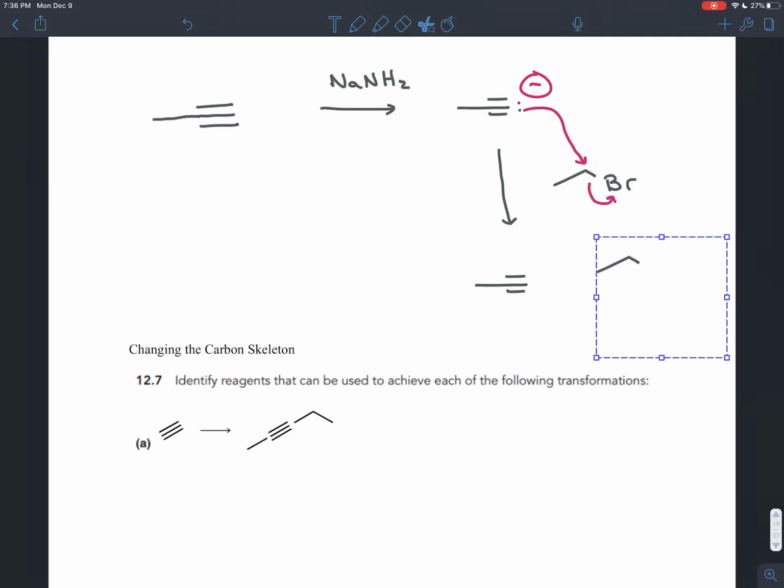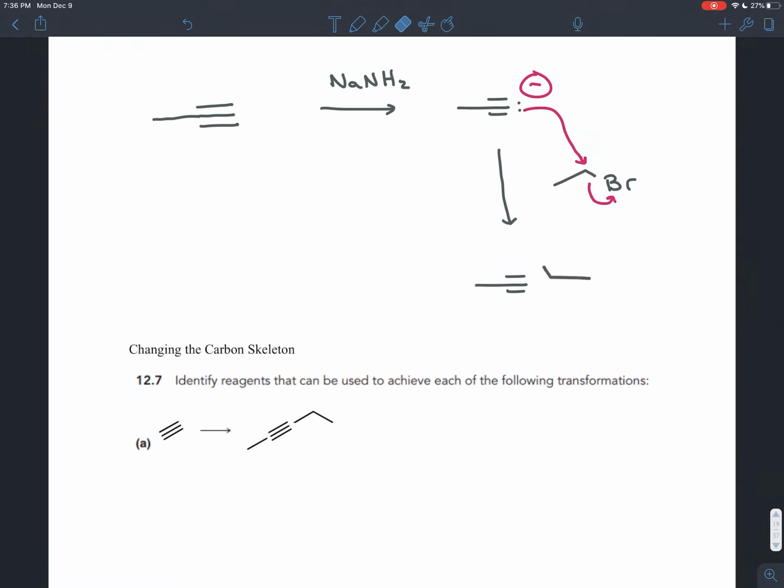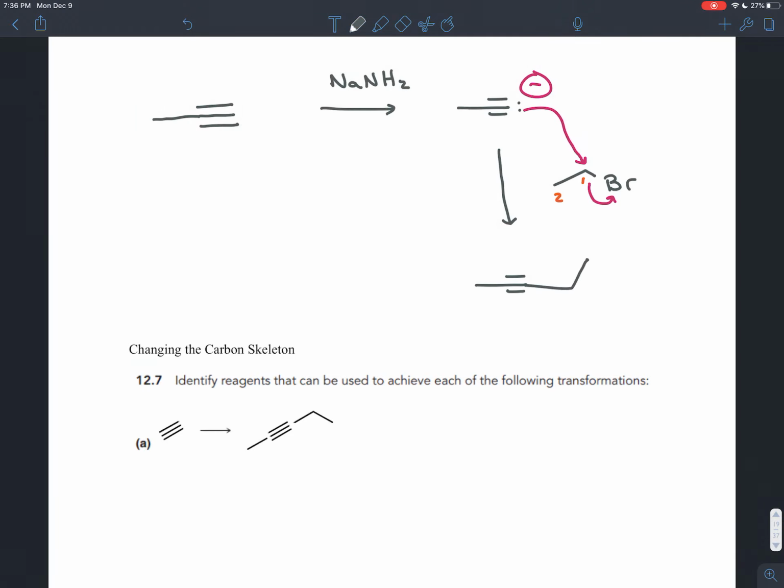You'd have this carbon on the end attached to these two carbons here. Let me just number them, 1 and 2. You'd have those attached to the carbon from the alkyne.